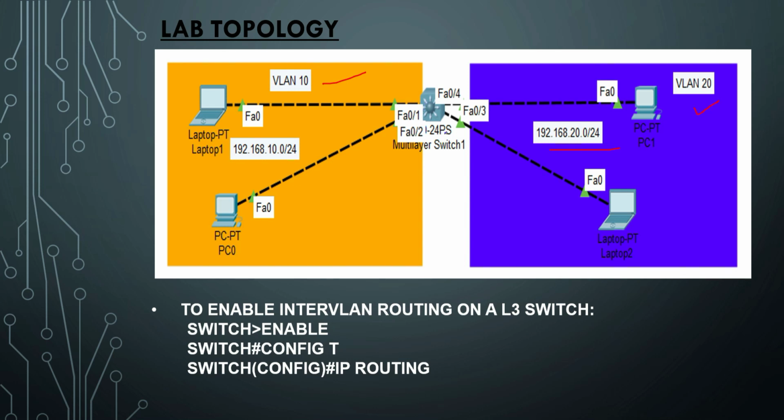Now we have a layer 3 multilayer switch. So we can create different VLANs, assign different ports to them, and then just write this command to make communication possible between two different subnets or VLANs, and that is ip routing. So let's power on our Packet Tracer and configure this lab. I'll see you guys in Packet Tracer.